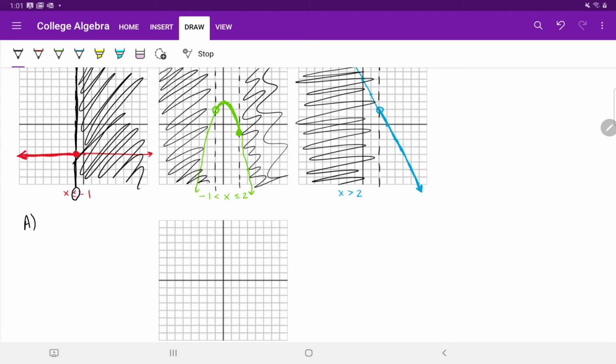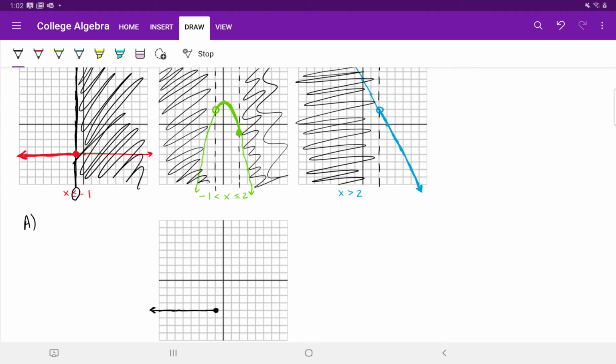So we'll start with the piece of our piecewise function on the left there, the red piece. That looks like it starts at -1, -4, and it's a vertical line that goes left. Notice it has a solid dot on the boundary because that point is included in that domain.